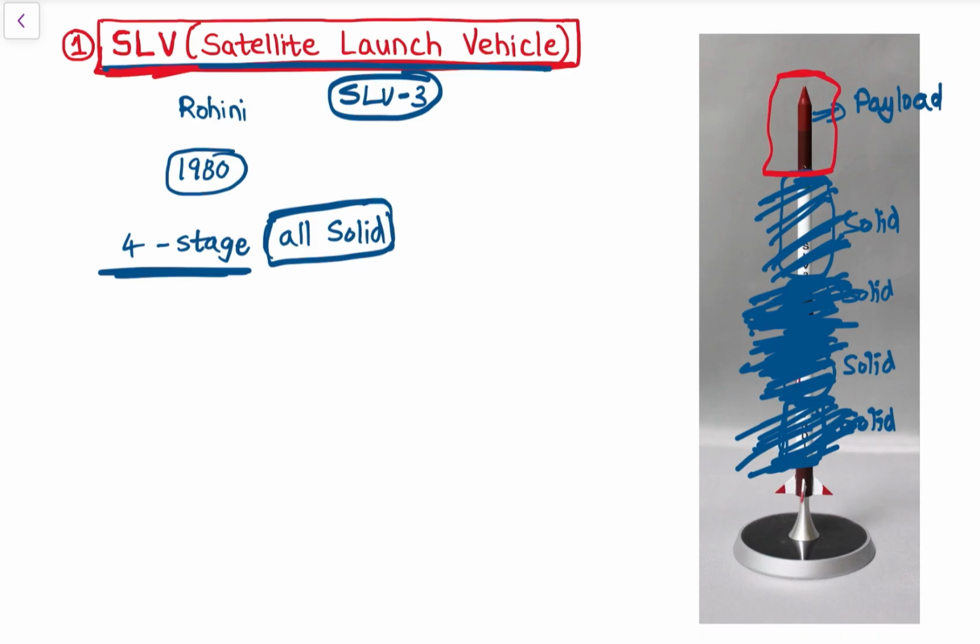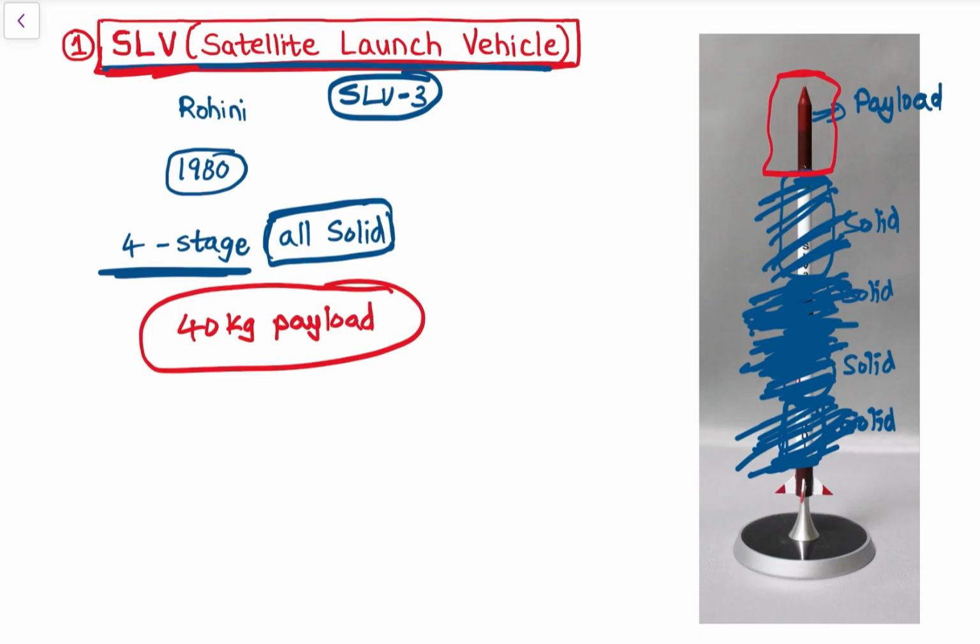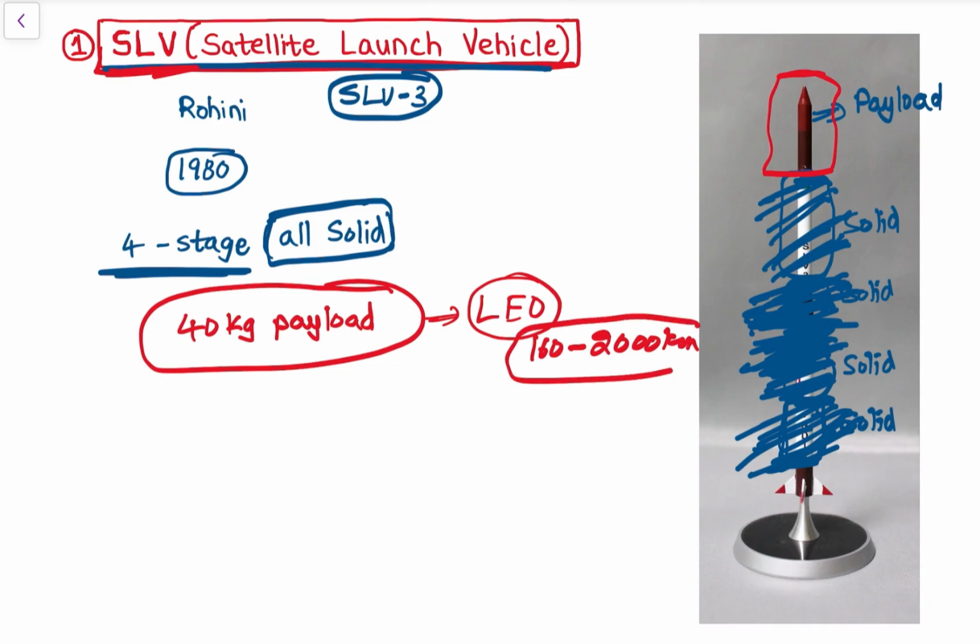So SLV, its capacity is 40 kg payload. It can put only a 40 kg satellite in orbit, and that too in low earth orbit. Low earth orbit is a height of 160 kilometers to 2000 kilometers from the surface of the earth. Carrying 40 kg that distance is very little payload.